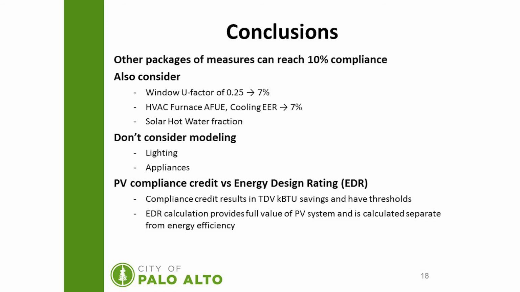Lastly, you can look at installing solar thermal for your domestic hot water. Measures we wouldn't consider for complying with the ordinance are lighting and appliances. CEC has made it so that Title 24 does not consider any efficiency gains for lighting and appliances. Your standard design will always be equal to your proposed model, and we can't gain any efficiencies in those areas.